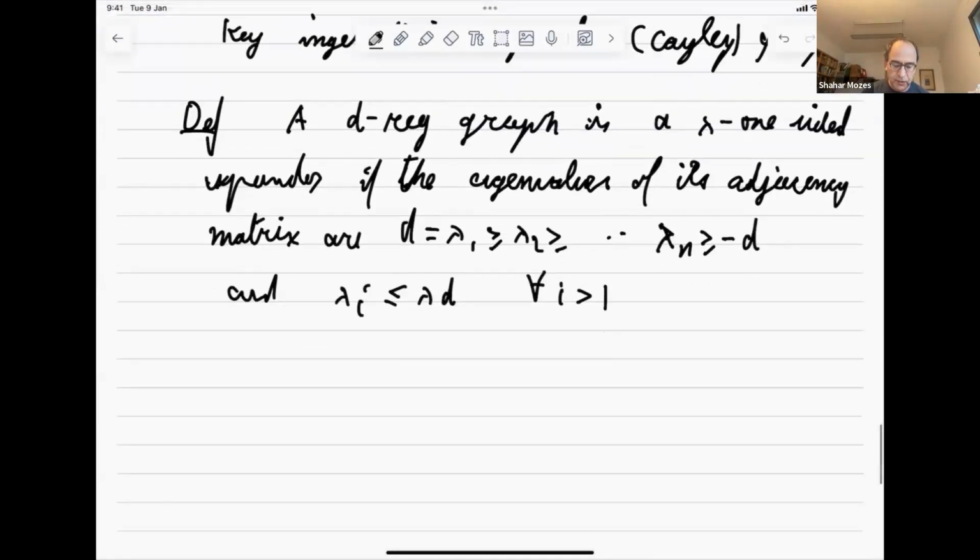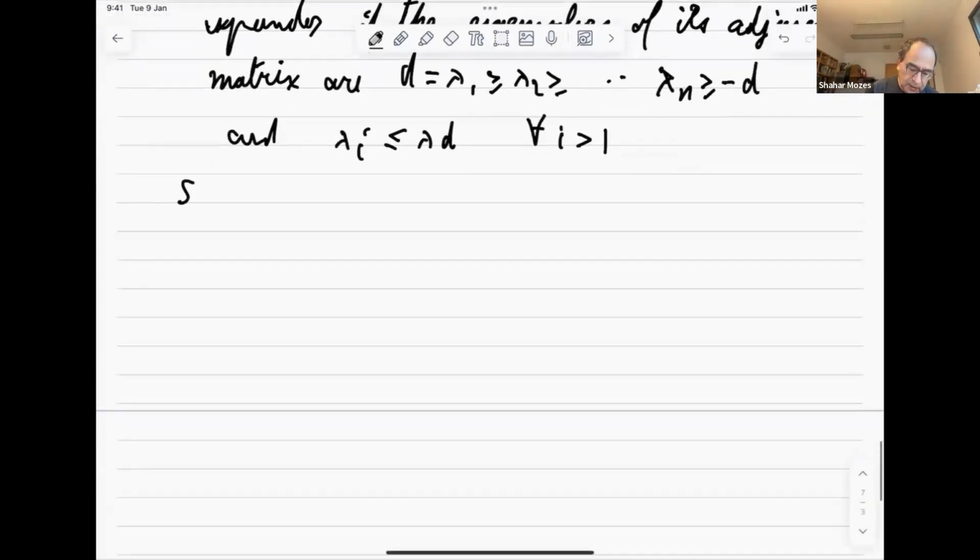And I want to mention the construction due to Sipser and Spielman.